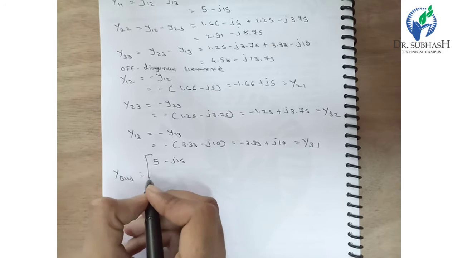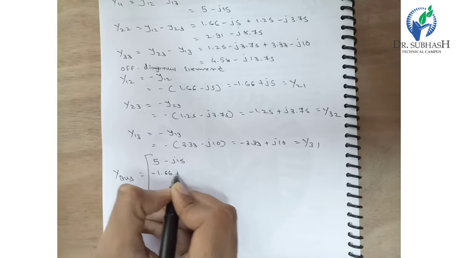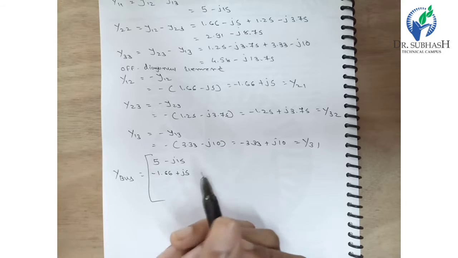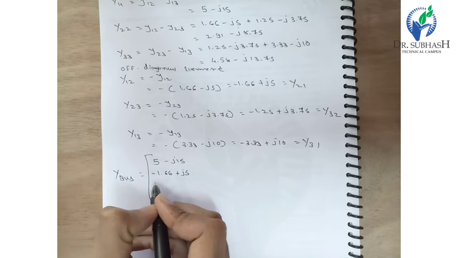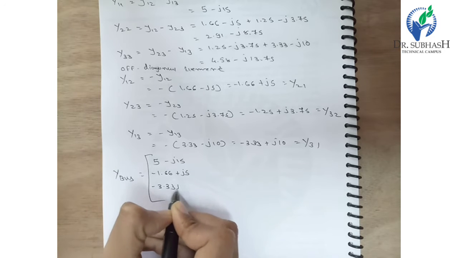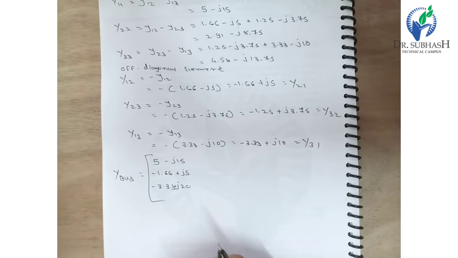The next point is minus 1.66 plus j5 for the using in this data. The third value is minus 3.33 plus j20.